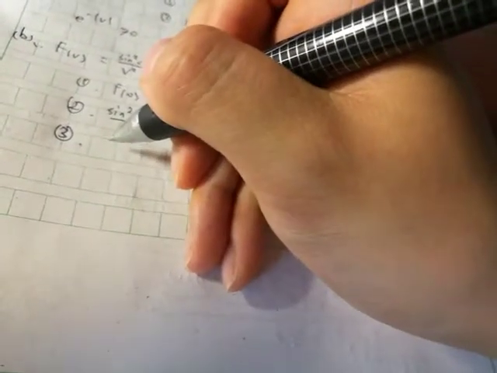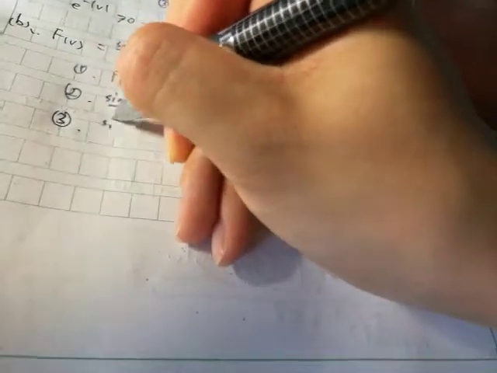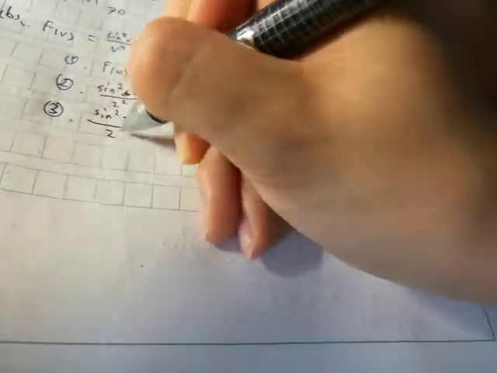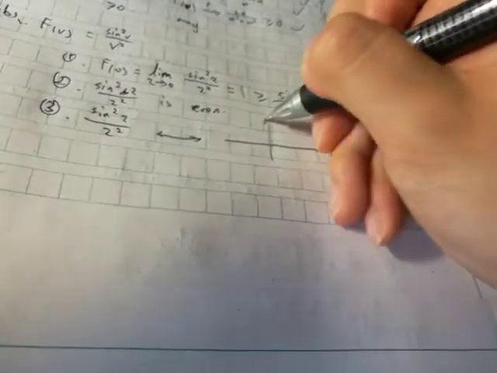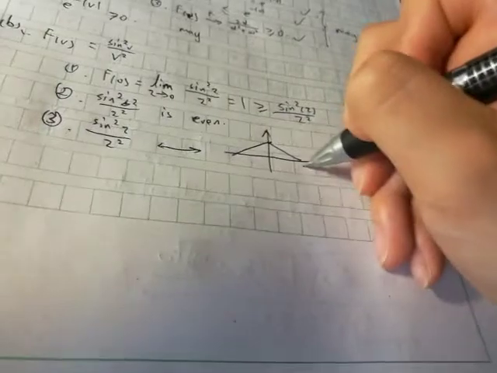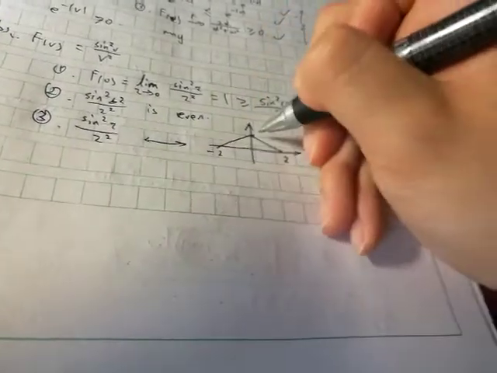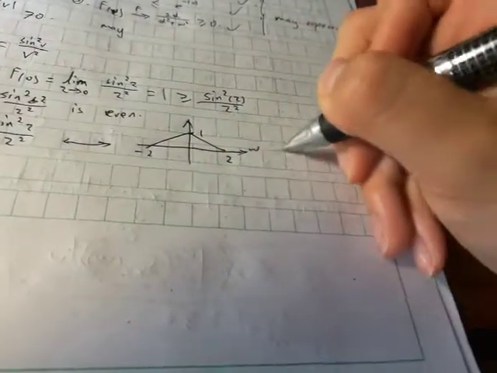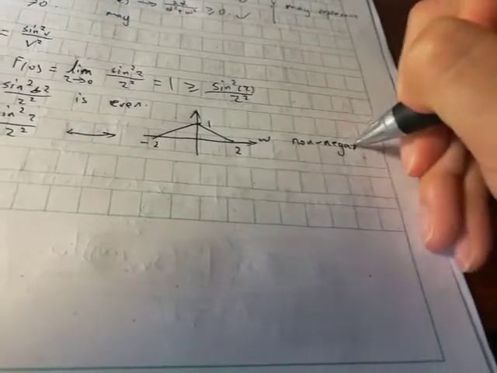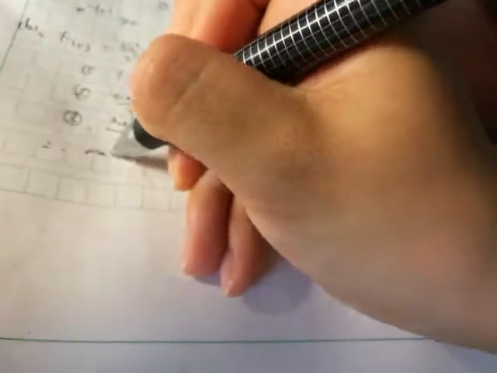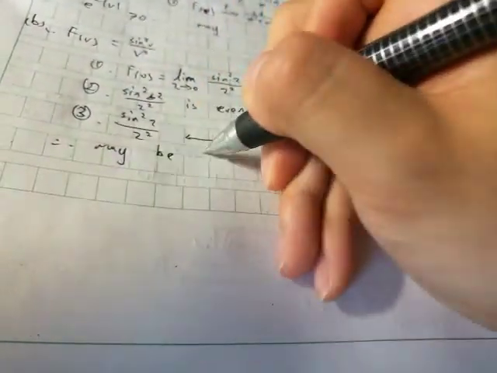And third, for the Fourier transform of sine square tau over tau square, the Fourier transform looks like a triangle, from minus 2 to 2 in omega. This is non-negative. So we can know that it may be an autocorrelation.